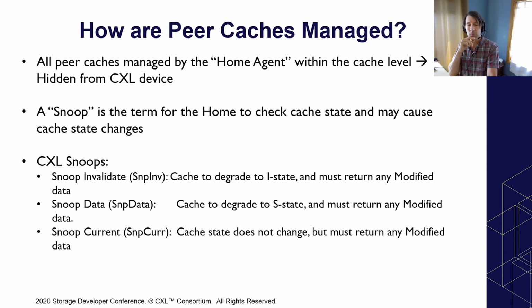This is saying the home wants to know the current state in the cache. So it doesn't cause any cache state change, but the cache must return modified data if it has it. So in all cases, caches return modified data, and the snoop differences cause different state changes within the cache itself.